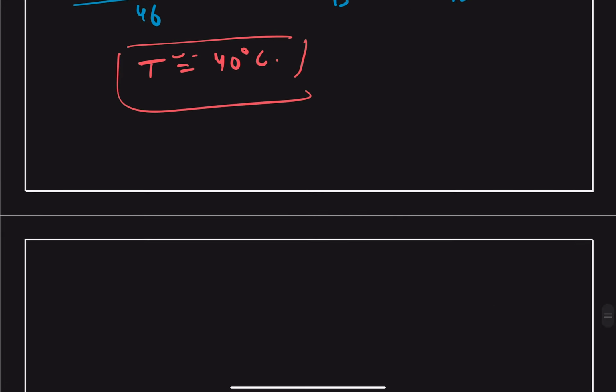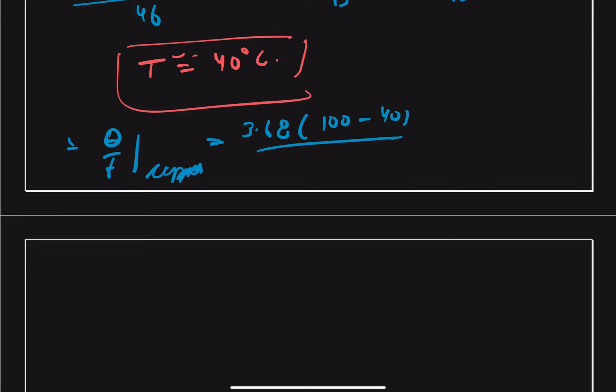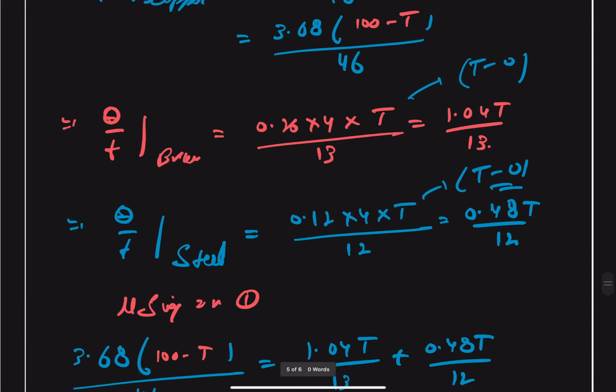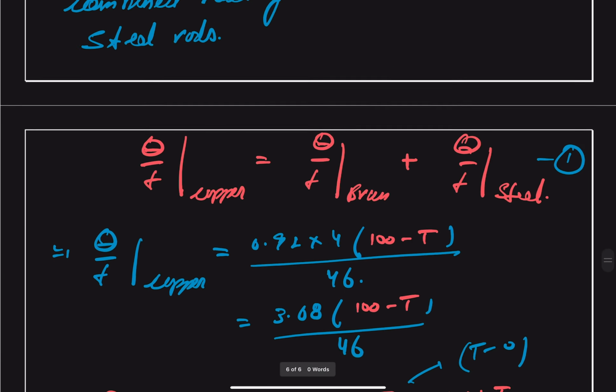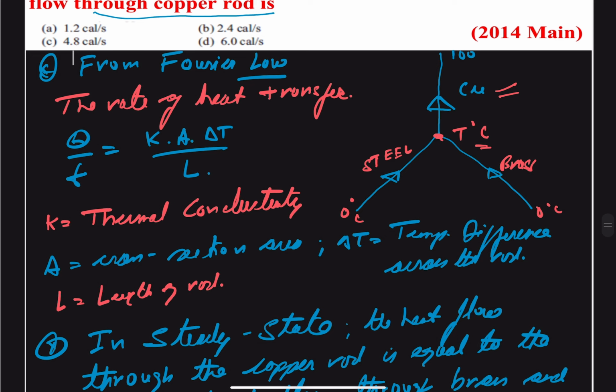So we simply substitute it in our Q upon T for copper. We get 3.68 times (100 minus 40) divided by the length, given as 46. So this will be close to 4.8 calorie per second. So option C is the correct option.